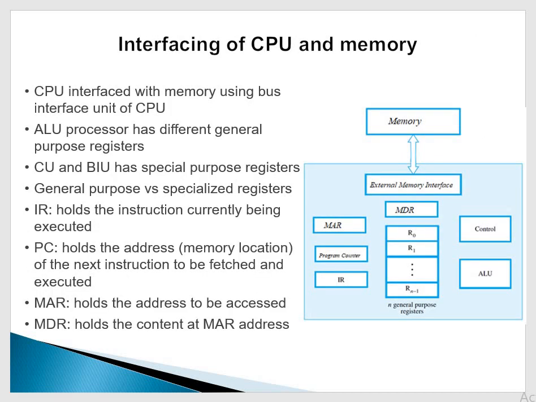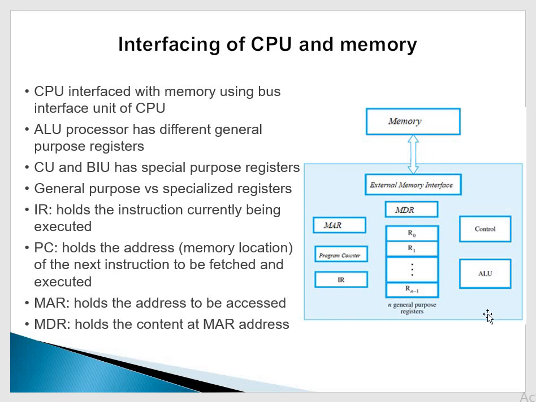Now, before we discuss the details of execution of an instruction stepwise, one by one, we will try to understand the interfacing of a CPU with the external memory. Let's suppose this shaded area is the CPU, central processing unit, or a processor, and it is interfaced with the memory through three sets of buses: address buses, data buses, and control buses.